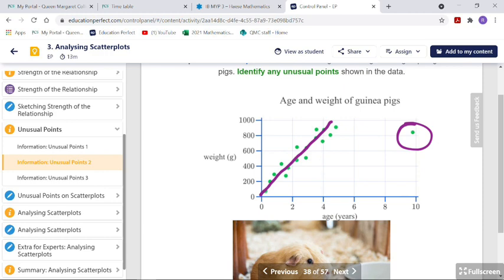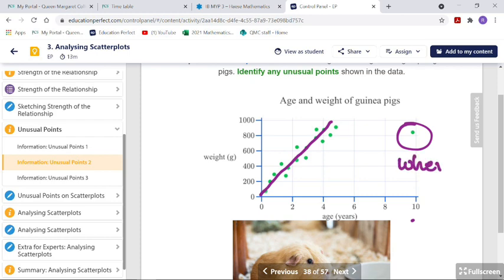Okay? But if you checked your data and it's not a mistake, because this is saying that there's a 10-year-old guinea pig out there somewhere. Okay? Doesn't sound very practical, but it could happen, I guess. Anyway, so in this one, we could say that the data has a strong positive linear relationship with one outlier.